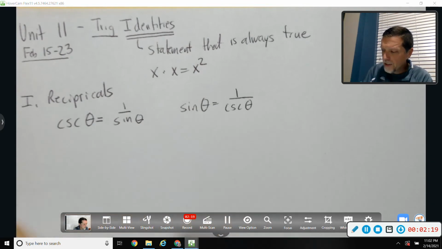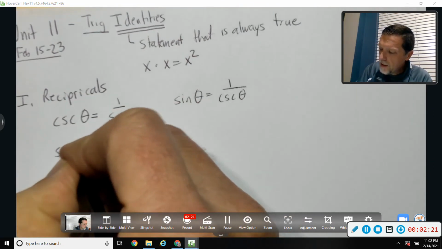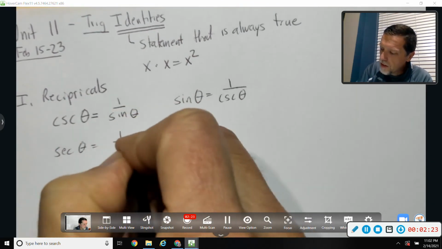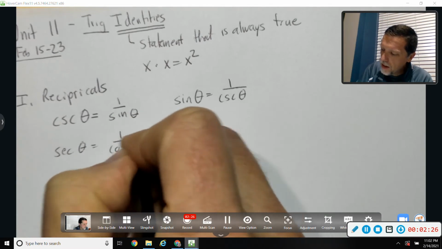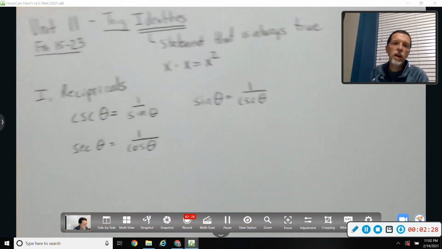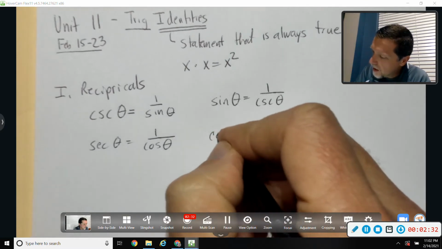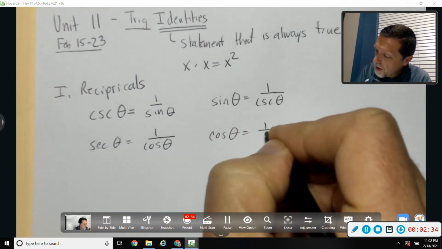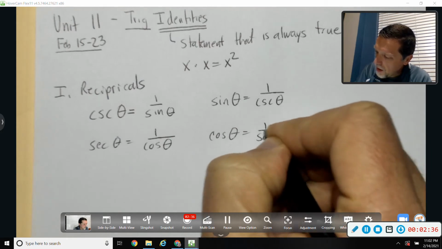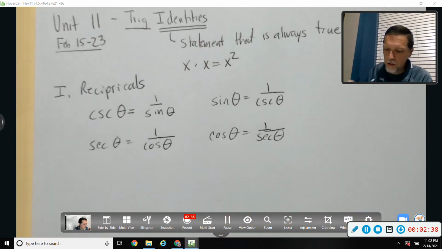You might guess what's coming next. Secant is the flip of cosine, and its pair would be that cosine is the flip of secant. Again, I hope we know those already.